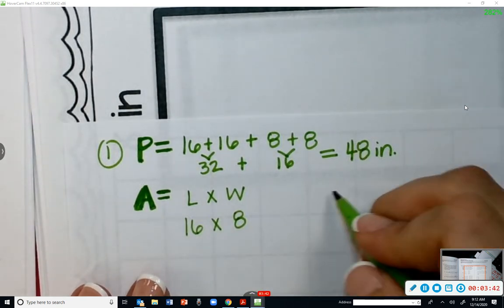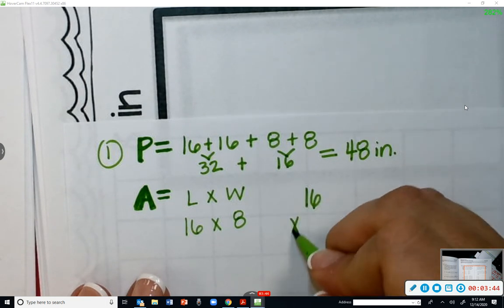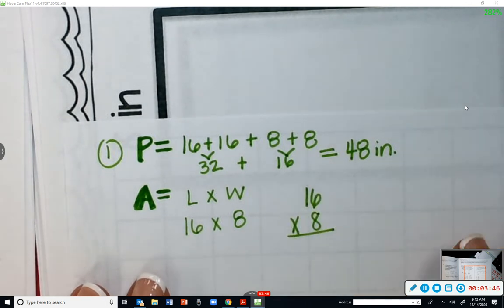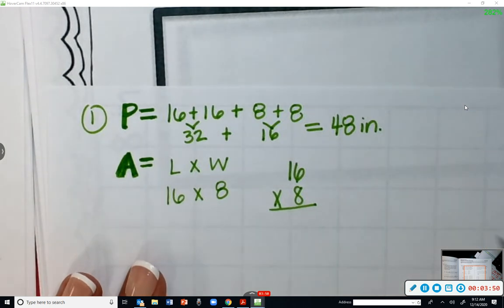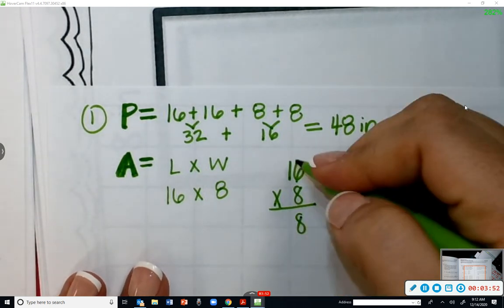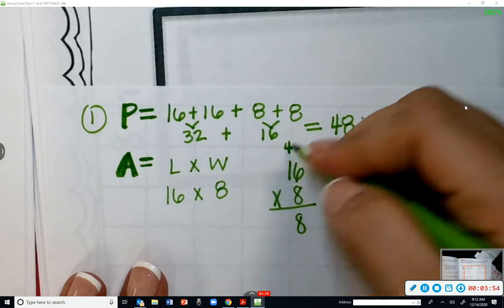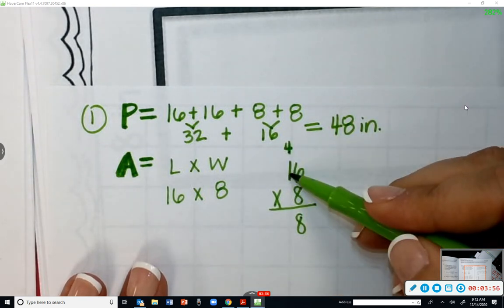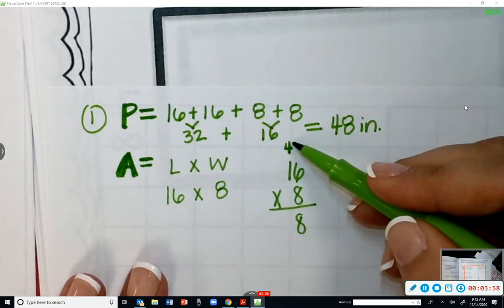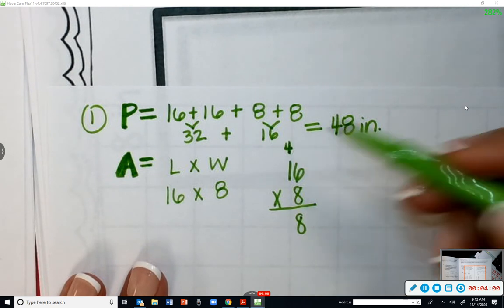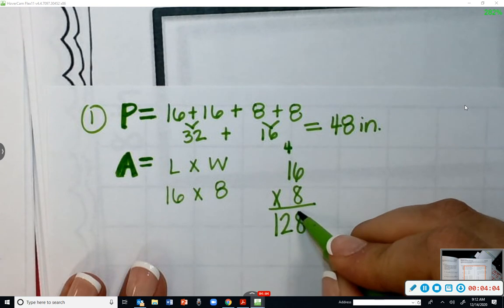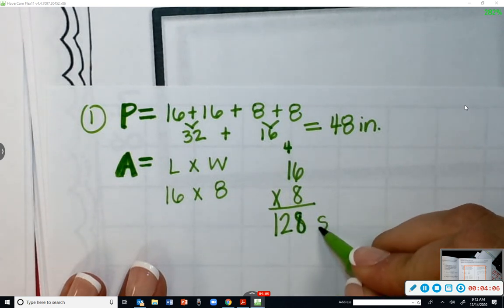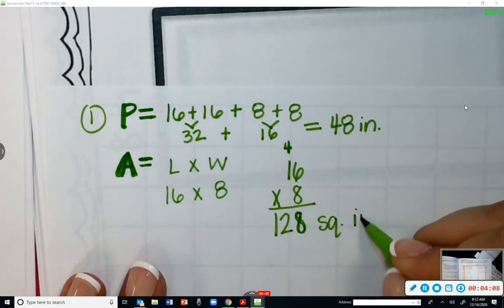Okay, and now I'm going to rewrite it going up and down so I can multiply. 6 times 8 is 48. So 8 goes down, 4 goes up. And then you add 8 times 1 is 8. 8 plus 4, 12. So 128, and this time we don't just put inches, we put square inches.